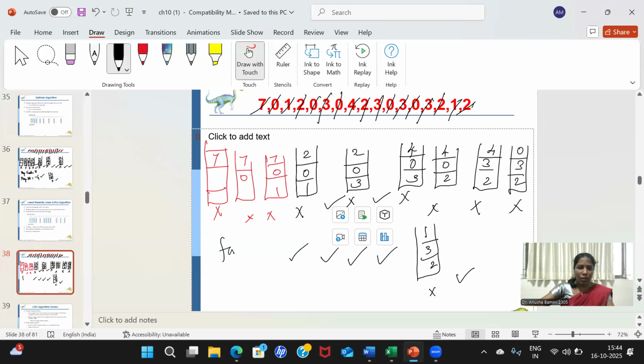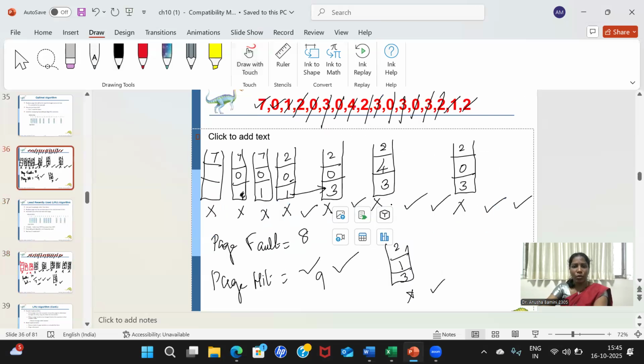Okay, so here you count the number of page faults as well as page hits. Page faults are 3, 4, 5, 6, 7, 8, 9, 10. Hits are 1, 2, 3, 4, 5, 6, 7. So comparatively, for this problem, optimal is a good one.